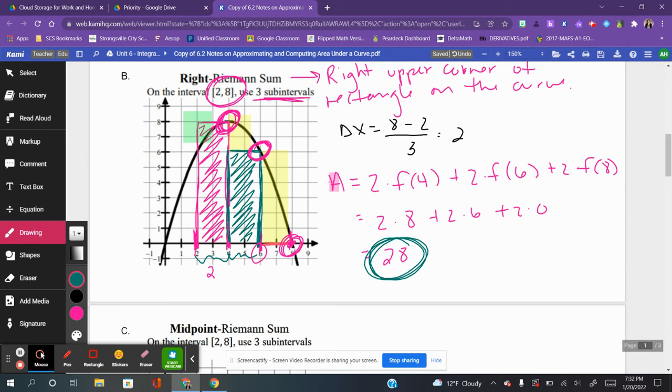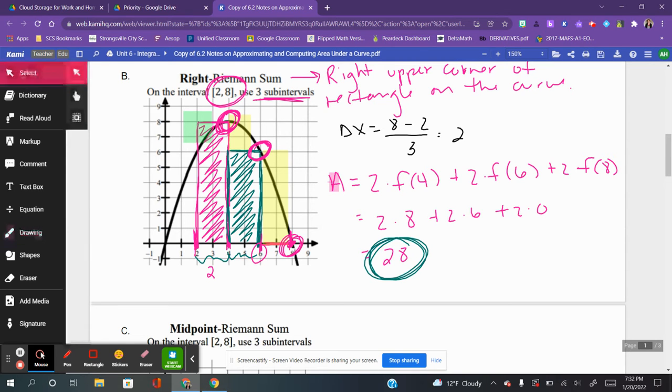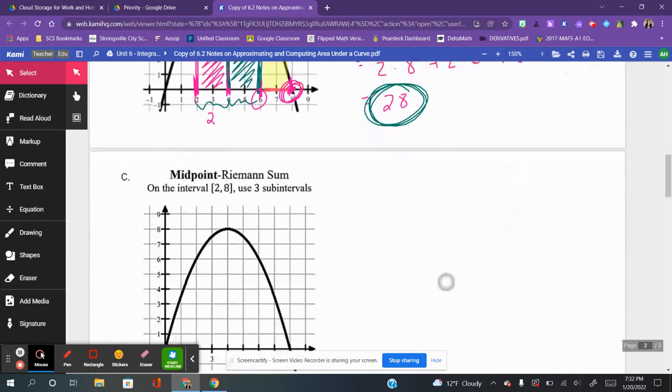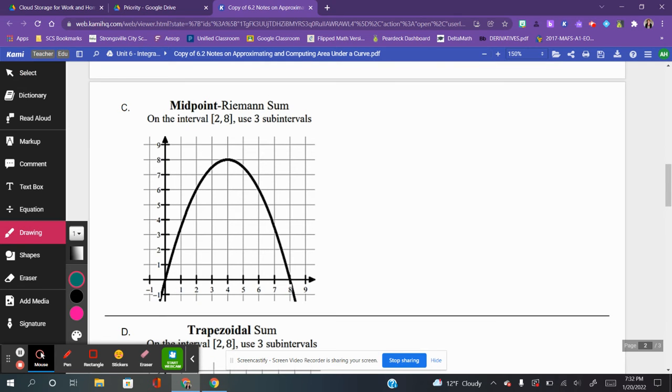Obviously we can see that there's an overestimation and an underestimation. So what happens if we meet in the middle? Can we balance this out?